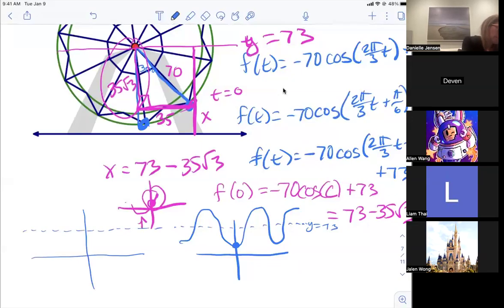This starting point is going to be time 0. Remember, this is t equals 0. The starting point will be a little bit higher than the lowest point. So this is my new graph. Originally this was my starting point, but now at time 0, I'm starting a little bit higher.